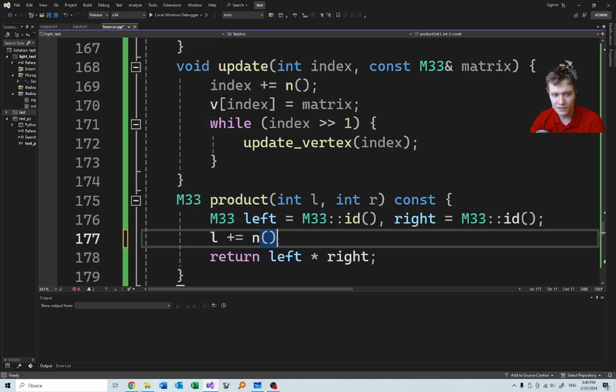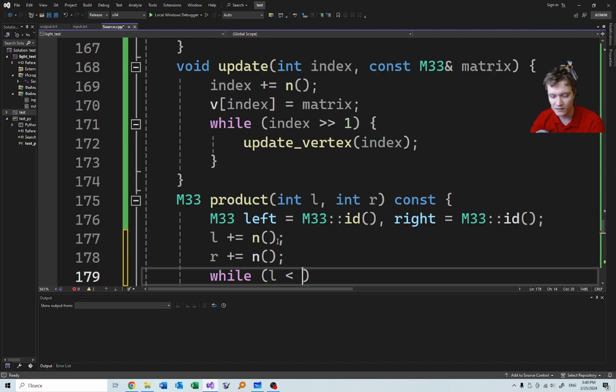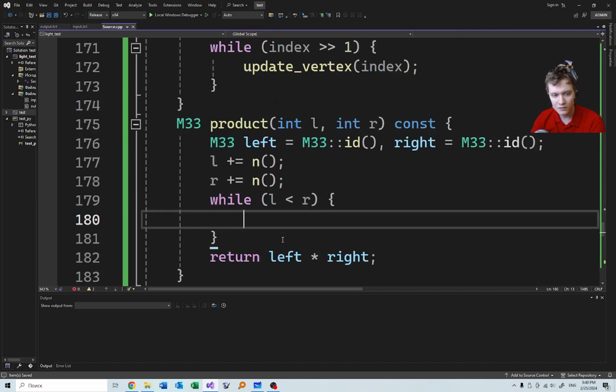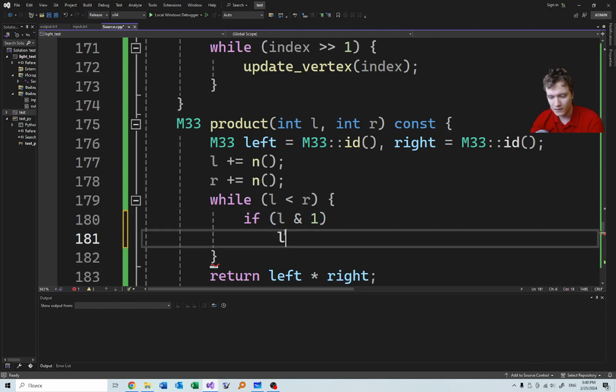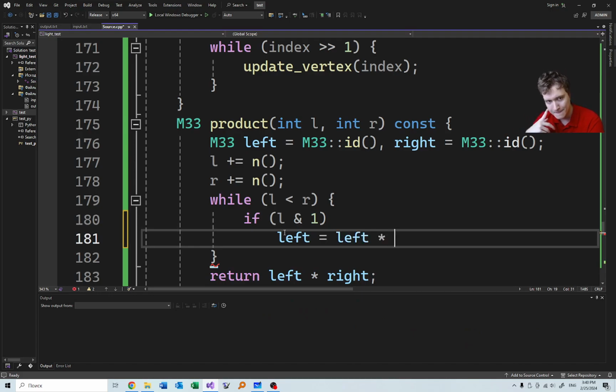L plus equals N, R plus equals N, while L is less than R, we do the following. So if L is odd, then left is left times VL, but we need to increment it.